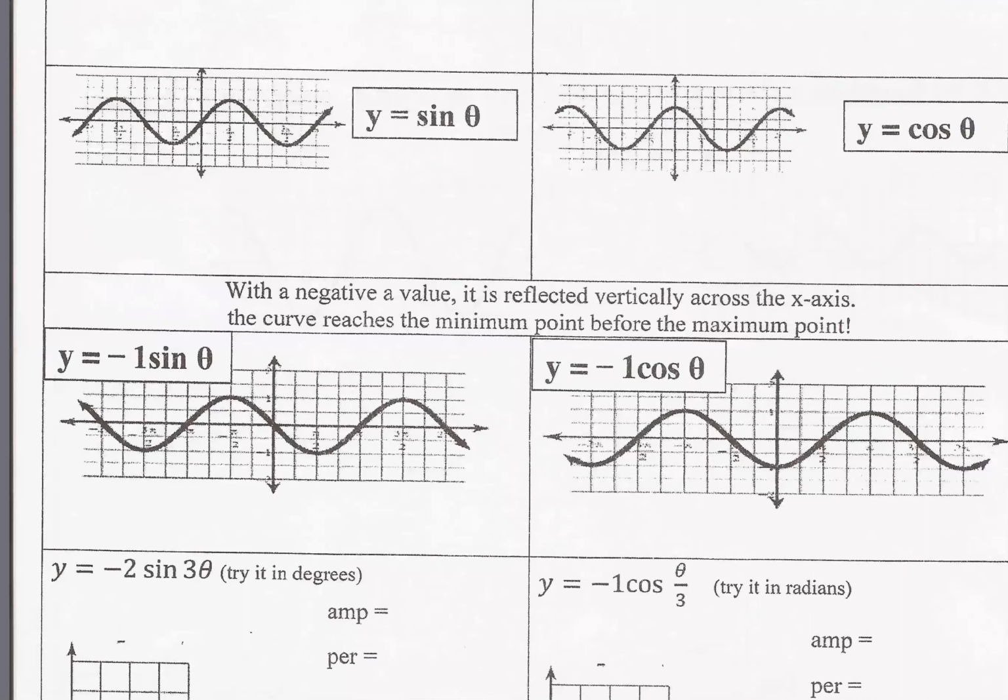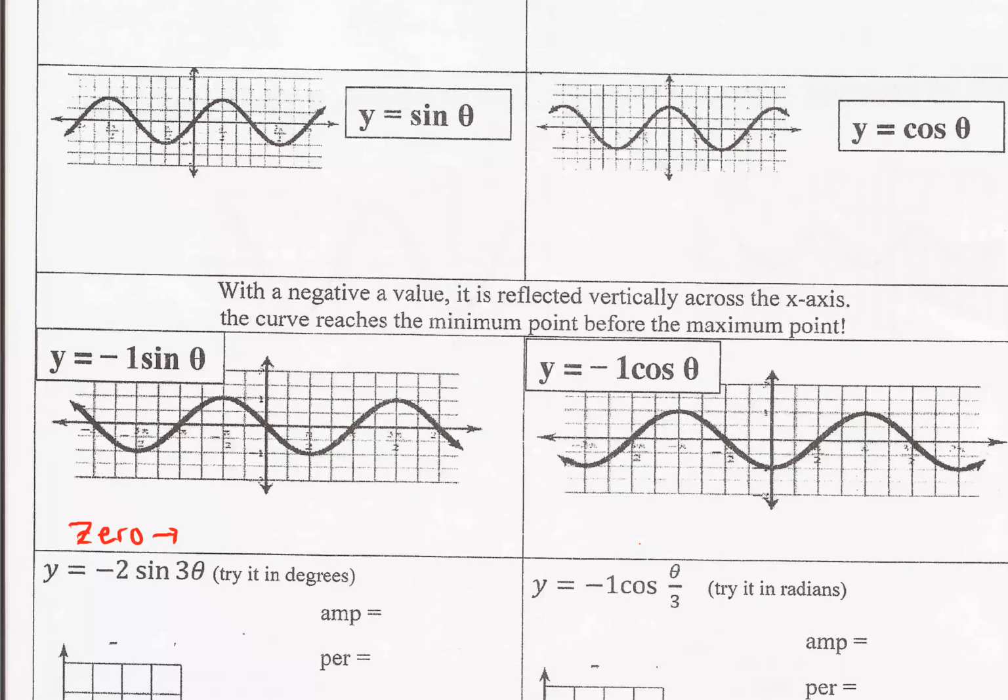So every 0 stays the same, but every max and min switches. So it goes 0, min, 0, max, and then you always stop where you started. So if you started at a 0, you finish at a 0. And everyone should know a 0 is the same as an x-intercept.